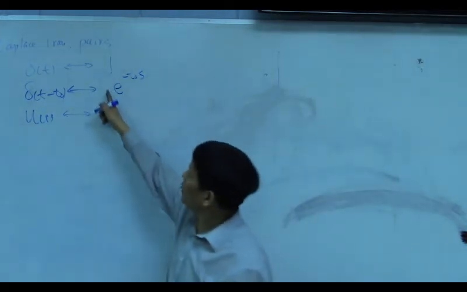Then multiply by this one, so the 1 is gone and we don't need to write it down. Question on this? Alright, next one.